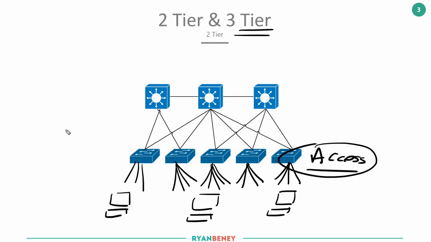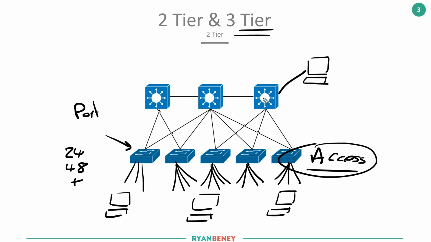And it does that through the use of switches that are normally very high port density. And what I mean by port density is it has a lot of ports on it. So you see them with 24, 48 or more ports, and each of the devices will plug into the access layer. What you won't find or shouldn't find is a PC, for example, plugged directly into the distribution layer.